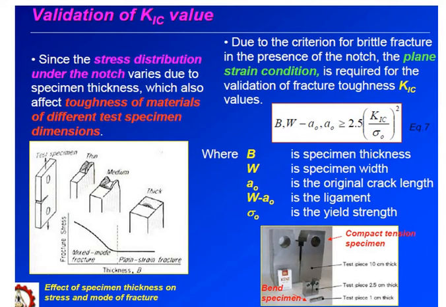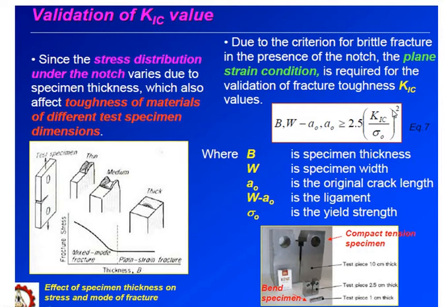Now coming to the right hand part, the criterion for brittle fracture in the presence of the notch. This is what I have been telling you all this time: when there is a notch, even a ductile material tends to turn into a brittle material. The plane strain condition is required for the validation of the fracture toughness KIC.